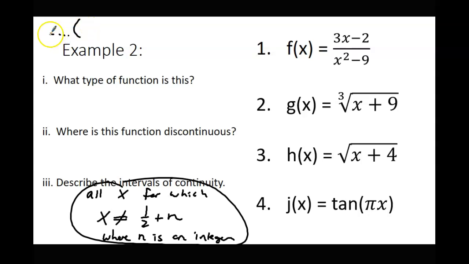You could put dots here, and you could put 0.5 to 1.5. It's continuous. And then from 1.5 to 2.5, it's continuous. And then from 2.5 to 3.5. But that's never going to stop. It's just going to keep going. So a more inclusive way would be to write that.